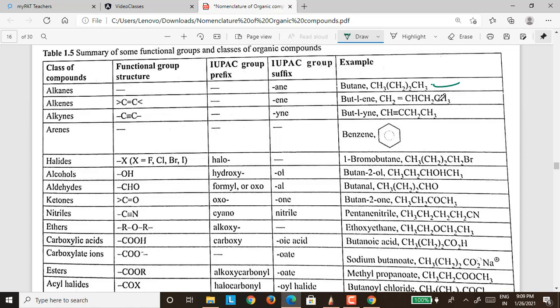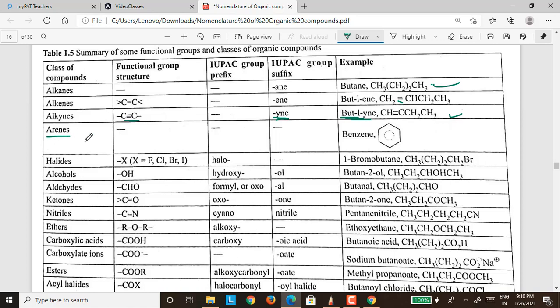CH2=CH-CH2-CH3, 1-butene. Alkyne: C triple bond C. So if it is C triple bond C, then the suffix will be yne. If suffix is yne, then butyne, 1-butyne. Okay.